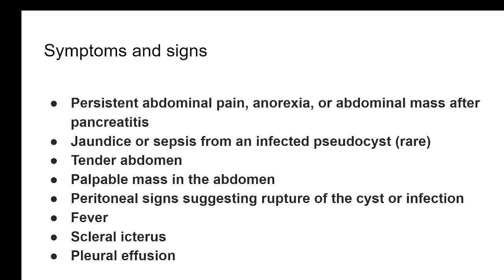Jaundice or sepsis from an infected pseudocyst is a rare phenomenon, but it can occur. A pseudocyst may remain there, and all of a sudden it may produce acute pain, and then jaundice may occur. Clinical symptoms of fever can also be produced due to the cyst in that condition. At times, if it is infected, it can produce tenderness in the abdomen, or there could be a rupture of the cyst, and then it may produce widespread peritonitis.